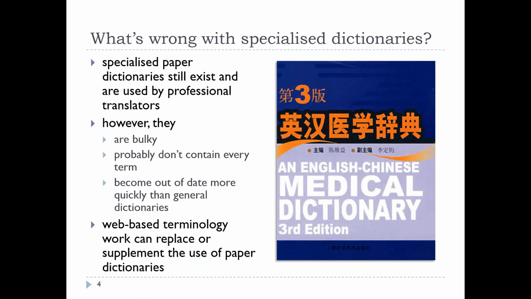For this reason, use of web-based terminology work, which is what this session is going to focus on, can either entirely replace using paper dictionaries, or perhaps just supplement their use if you happen to own a dictionary. There's something very convenient about a paper dictionary, of course, if you're always going to be working in one place. But for the reasons I've just stated, they are not always going to solve every problem that you might come up with.